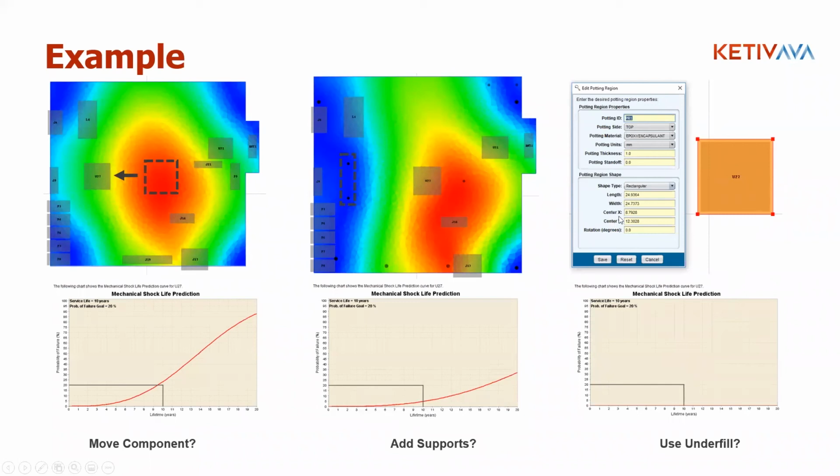The Ansys simulation shown here is the potting region, just sort of the inputs for the underfill. And we can see that now the red line, the product probability of failure, has gone to almost zero, and so the underfill solution looks to be the correct one, or at least improves lifetime quite a lot.